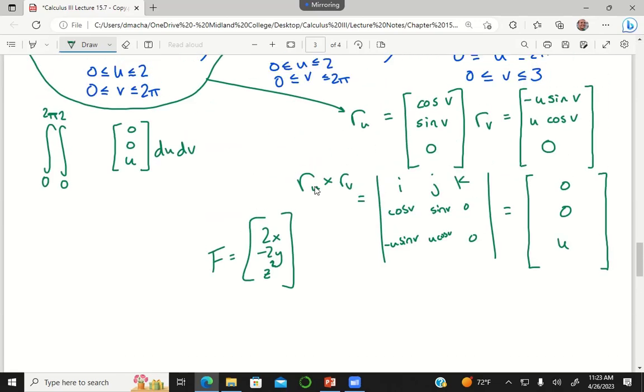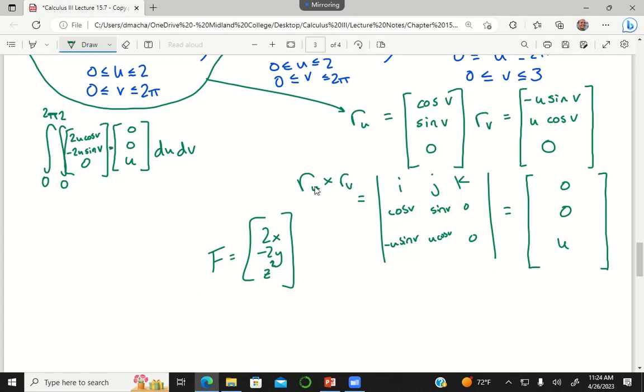So this capital F is going to be 2 times x. So that's 2u cosine v. Then negative 2y for the next entry. So negative 2u sine v. And then for z, that's 0.